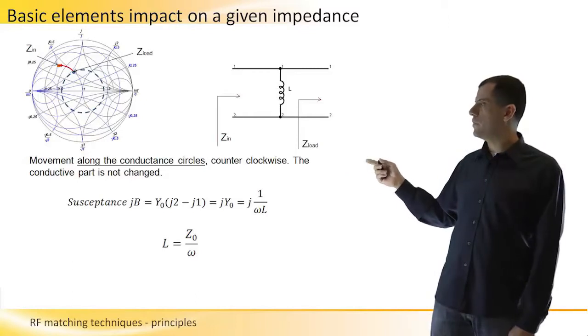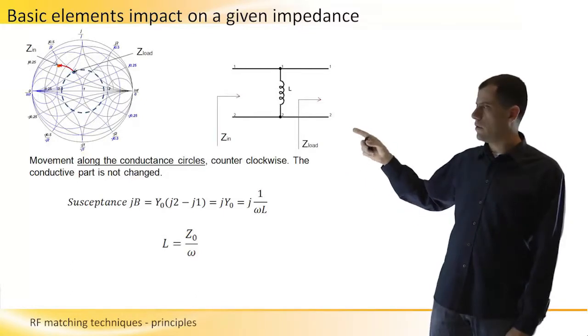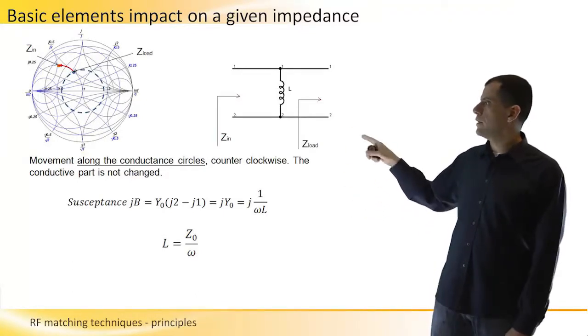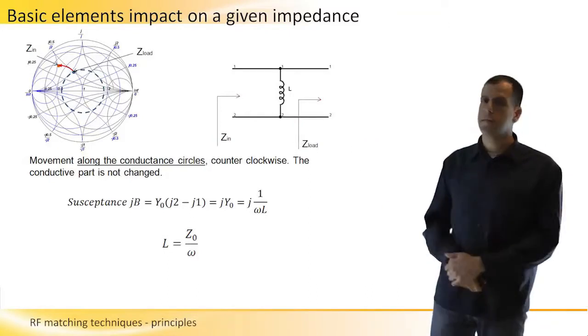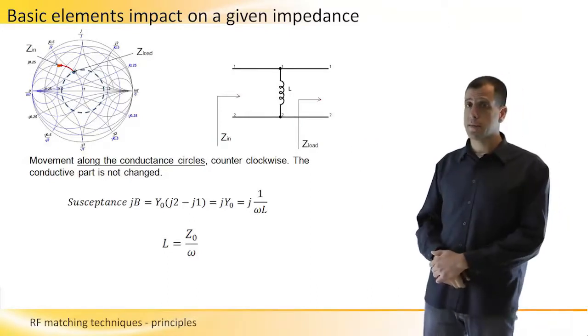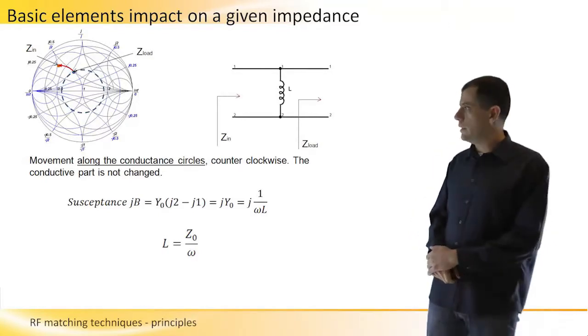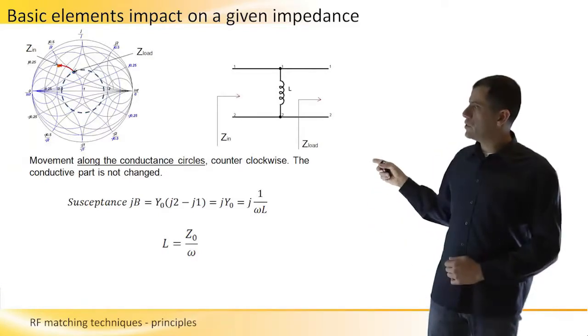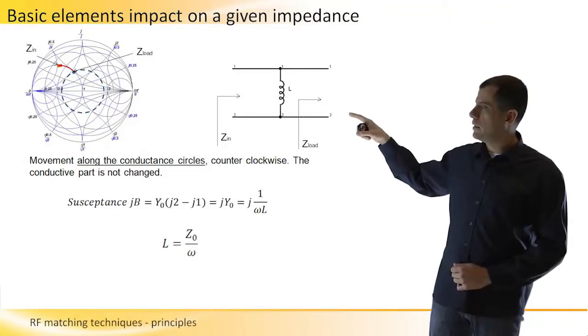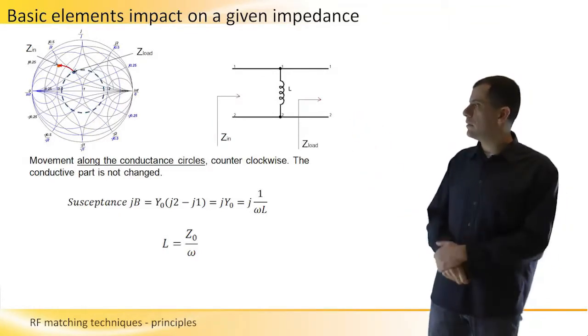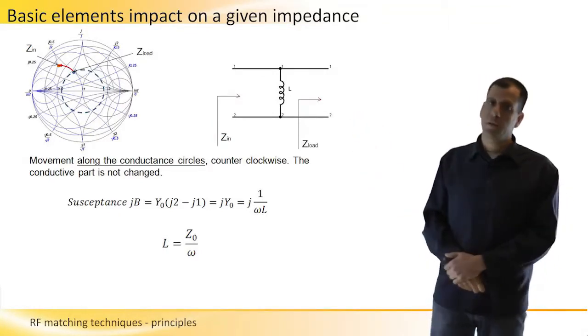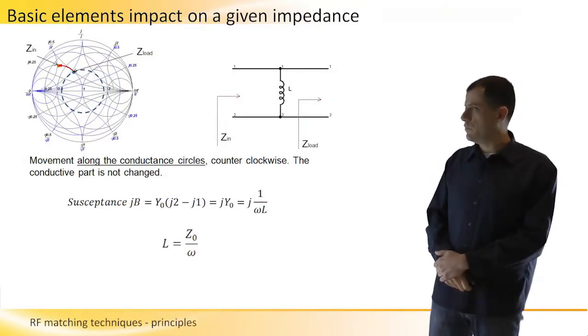Actually, we are moving counterclockwise on the conductance circle that we were on, and we change the susceptance value of the input impedance by this movement.